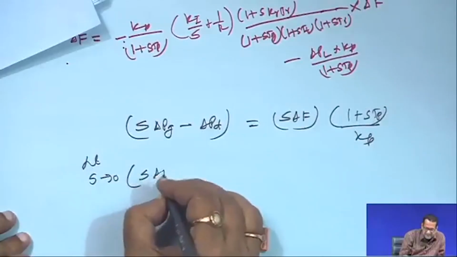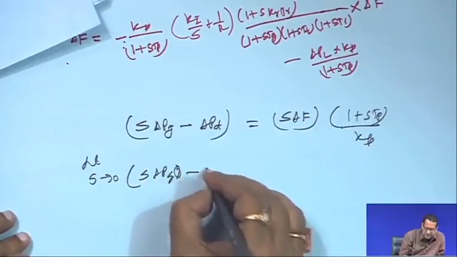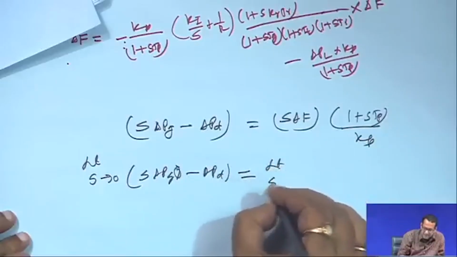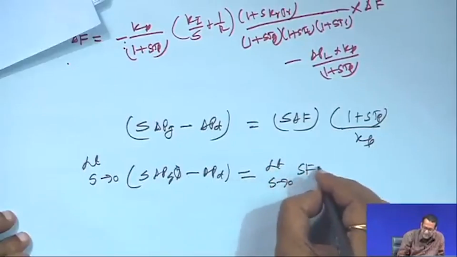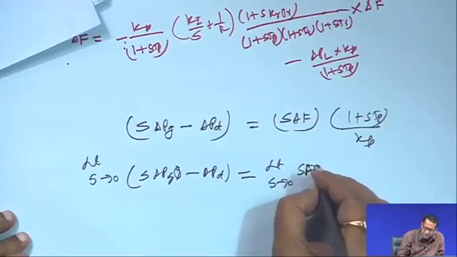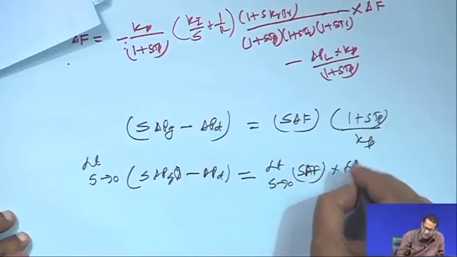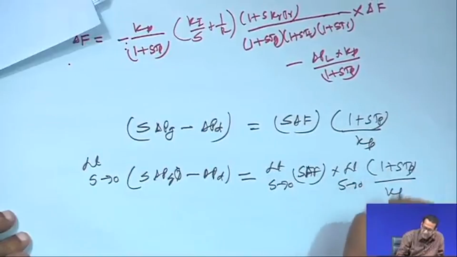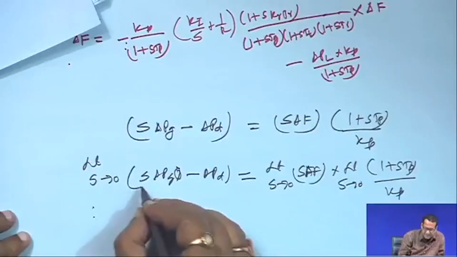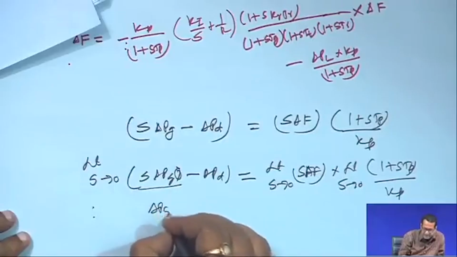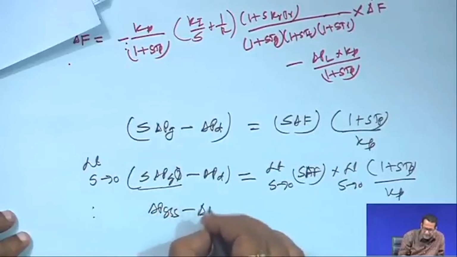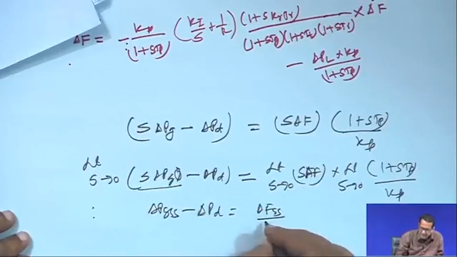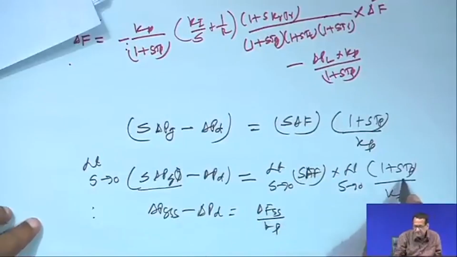So, this is limit s tends to 0 of s delta PG minus delta PD, equal to limit s tends to 0 of s delta F, into limit s tends to 0 of 1 plus sTp divided by Kp. So, this one is delta PG SS, this one remains as delta PD, is equal to delta F SS divided by Kp, right, because s tends to 0.